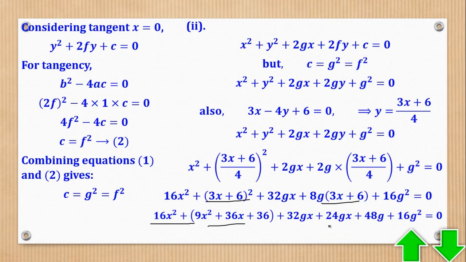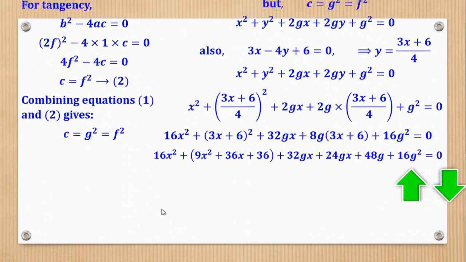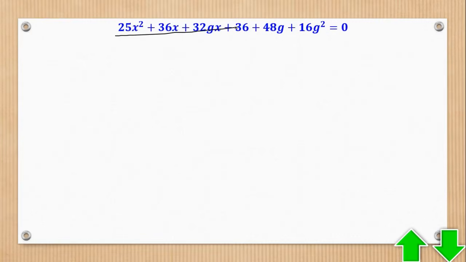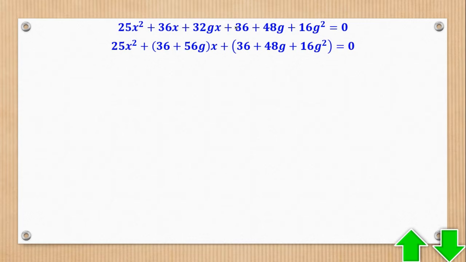Expand this, I'll come up with this. So simplifying, I'll come up with that. Collecting like terms, x squared alone, x alone, and constants alone. So that will come up with that.